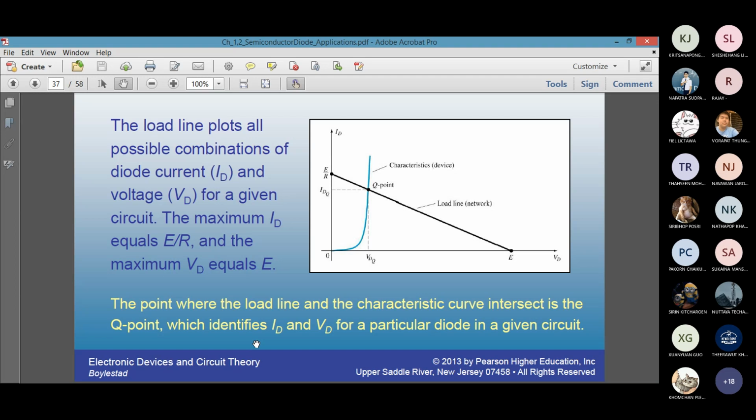Balang. Is Balang here? Seems that he's not here. Miss Pichayapon. Yes, sir. From where do you get this black load line?